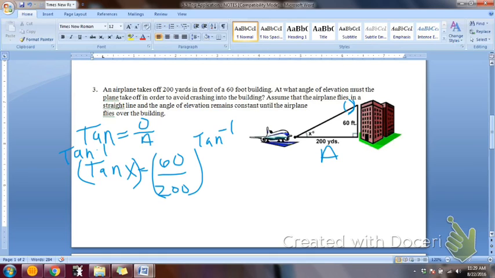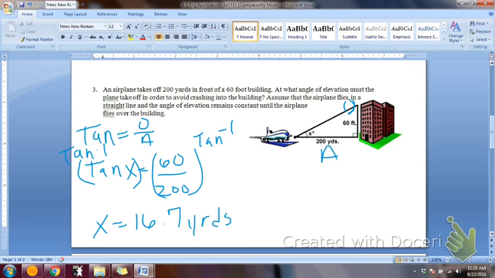Because inverse undoes the tangent, and if we want to get x by itself, remember when we're solving for an angle, we always have to do the inverse. And then you're going to write a complete sentence.